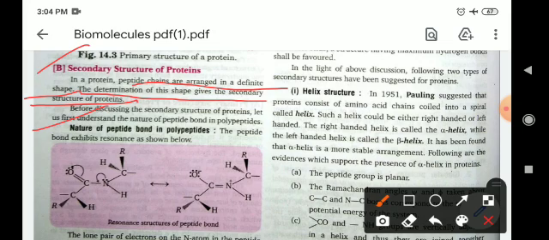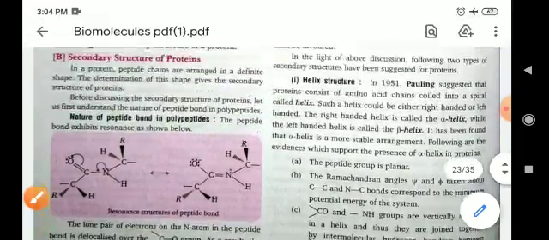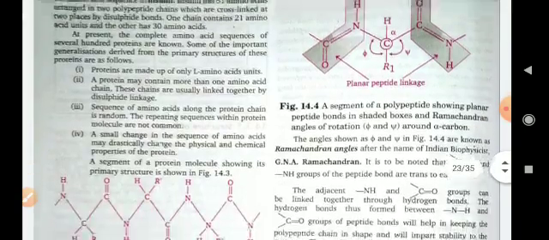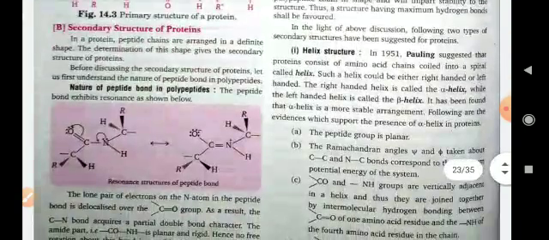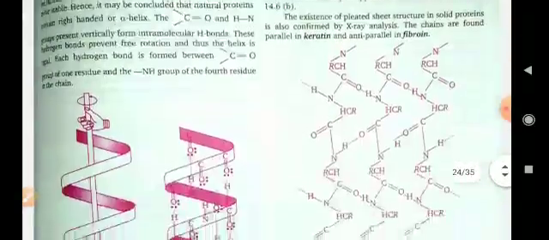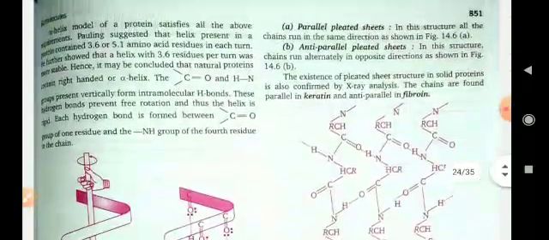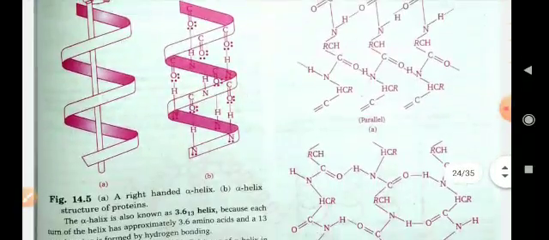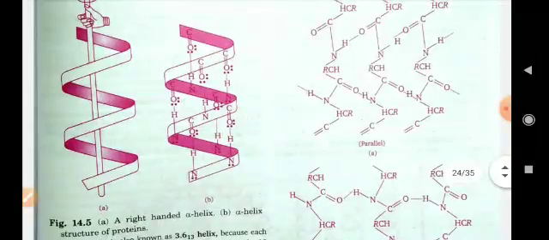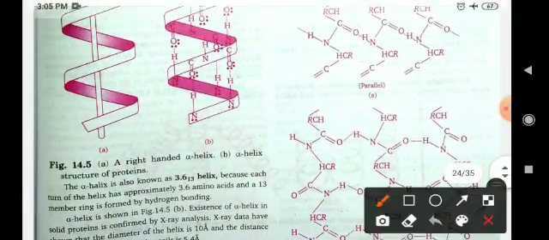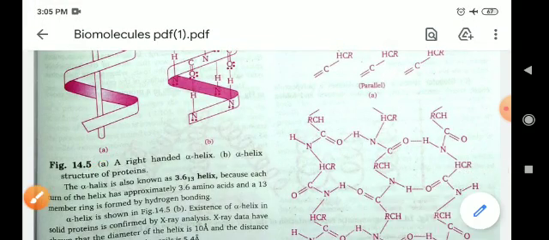Okay, so nature of peptide bonds in polypeptides. In the secondary structure of protein, there are two types of structure present, the right-handed alpha helix and the beta pleated sheet structure of protein.